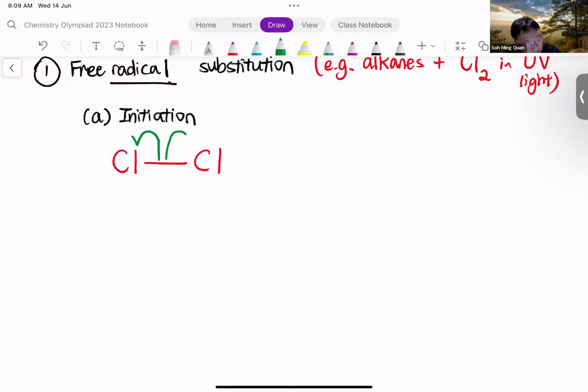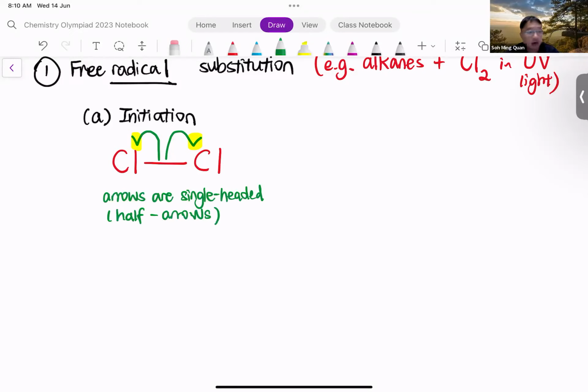Now, please follow my arrows. You notice that my arrows are single-headed. We can also call them half arrows.